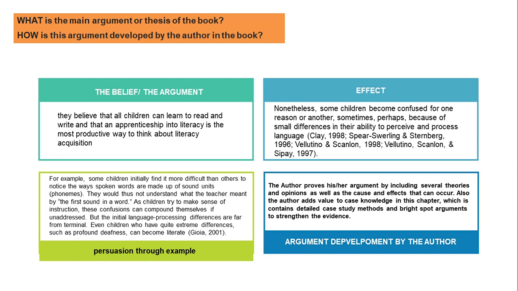The author proved his or her argument by including several theories and opinions, as well as the cause and effect that can occur. Also, the author adds value to case knowledge in this chapter, which contains a detailed case study method and bright spot argument to strengthen the evidence. Because in this book, they are contained by a part that they pointed out in the book.